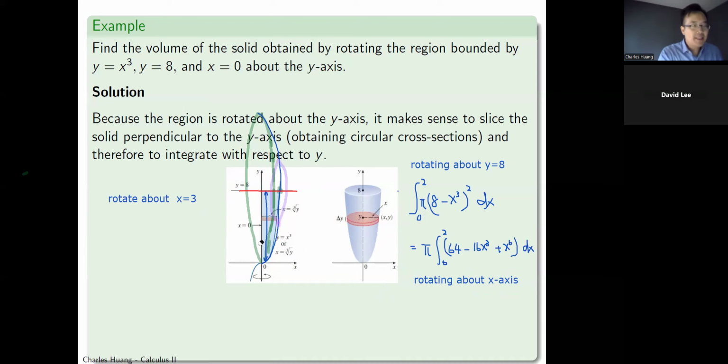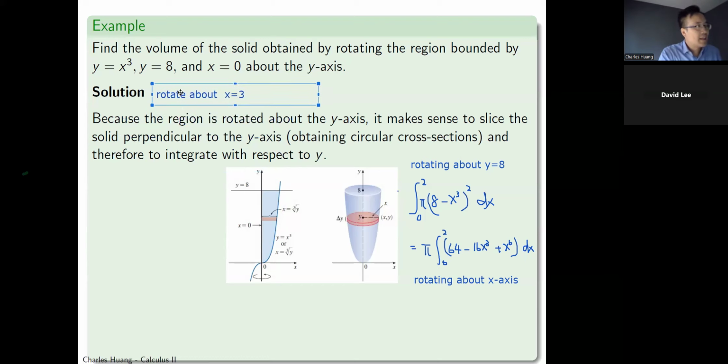Okay, now what happens if I rotate about the x-axis? I need to keep that on the left. So if I'm rotating about the x-axis, I'll leave that on the top first.